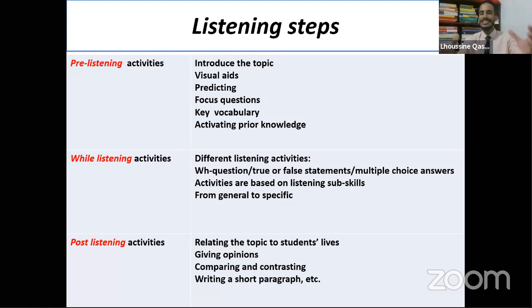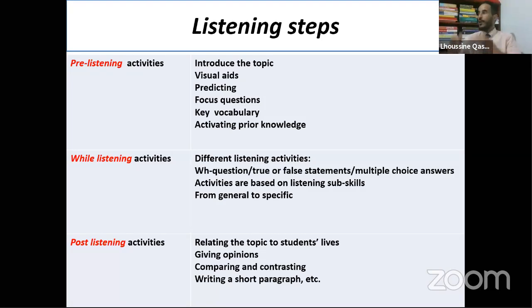Now, while-listening activities. Different listening activities like WH questions, true/false statements, multiple choice answers or questions. Activities are based on listening subskills, from general to specific. And post-listening activities relate to the topic and to students' lives.